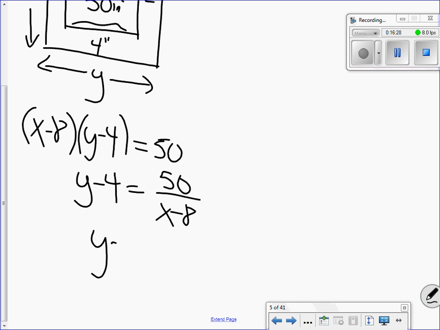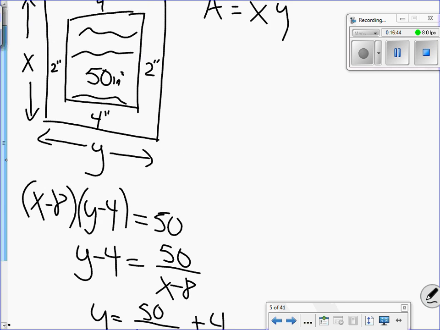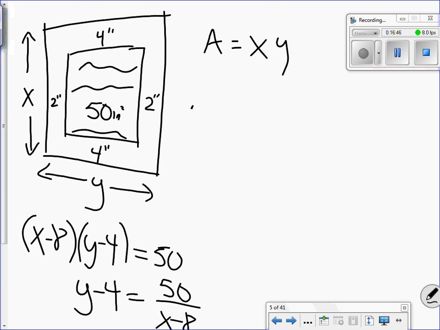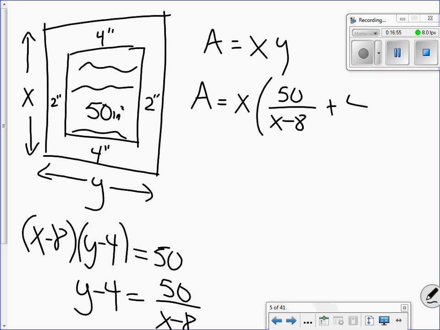So y is equal to 50 over x minus 8 plus 4. And that's what we're going to put in for y in our primary equation. So it was 50 over x minus 8 plus 4.